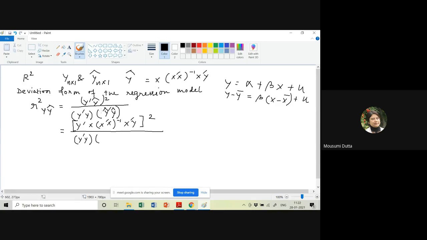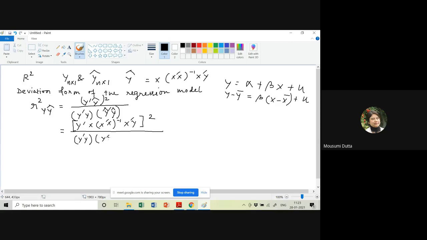If I consider the transpose of this, would anyone tell me what will be the expression? What I'll write as the transpose of y hat? Anyone? Please be fast. Y prime, x prime. Slowly.